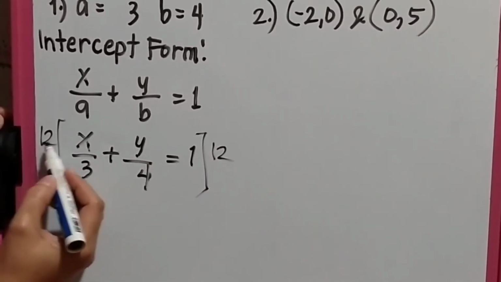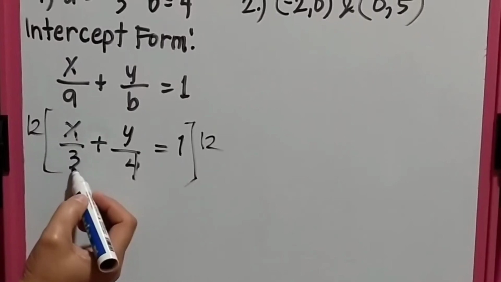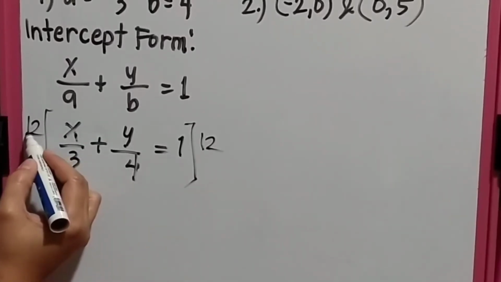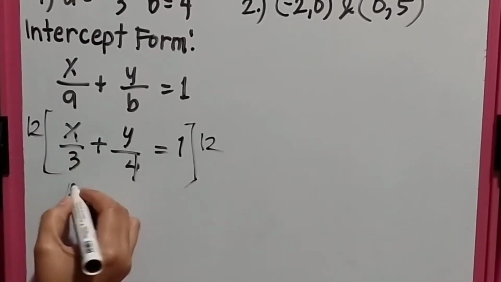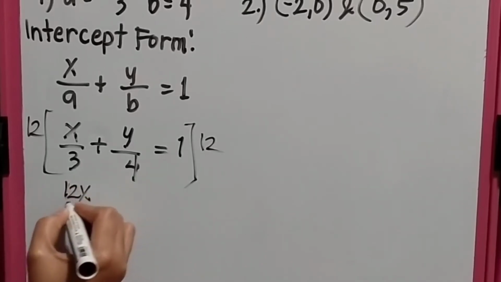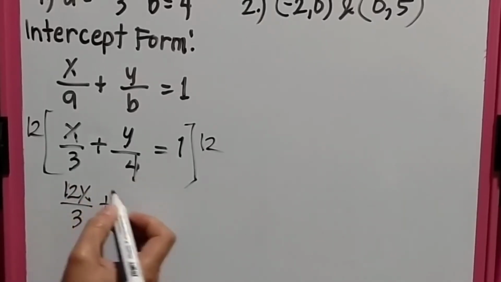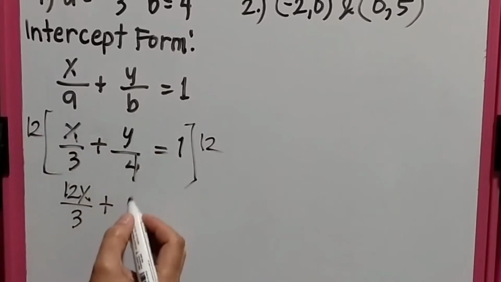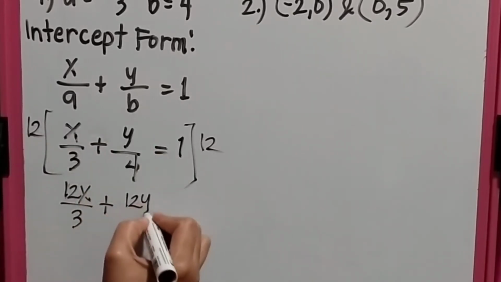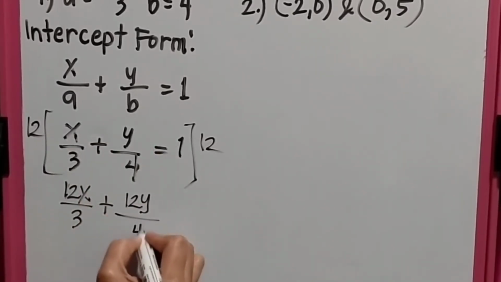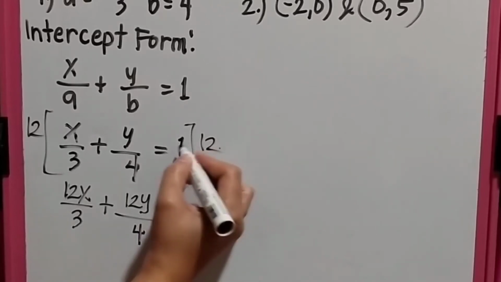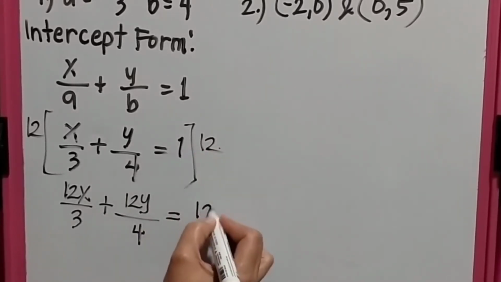Okay, 12 times x over 3. So, 12 times x will give us 12x over 3 plus 12 times y over 4 is 12y over 4 equals 12 times 1 here. We have 12.